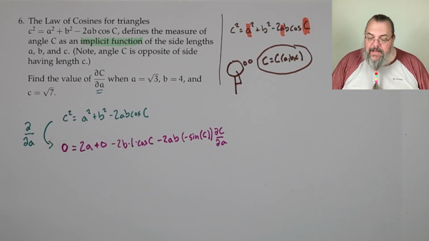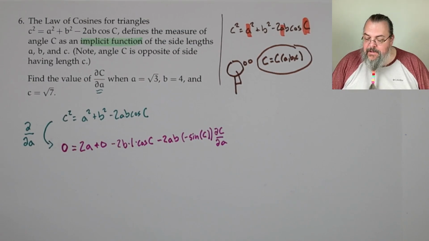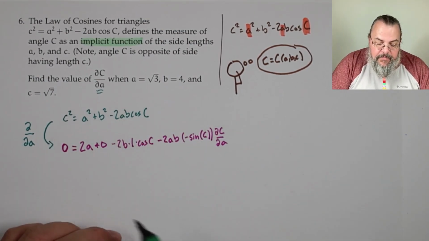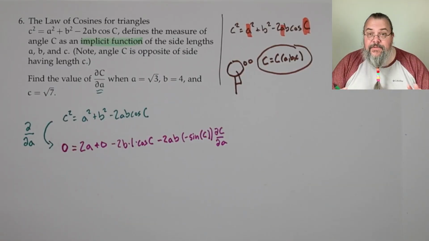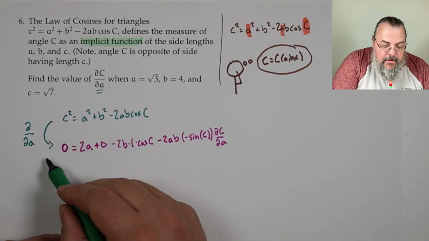Okay, so what comes next? Well, we plug in what we have. And we say, well, what do we have? We have A and B and C. So let's plug those values in and evaluate.